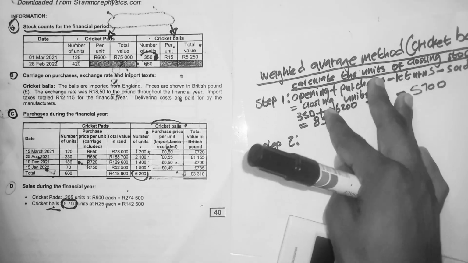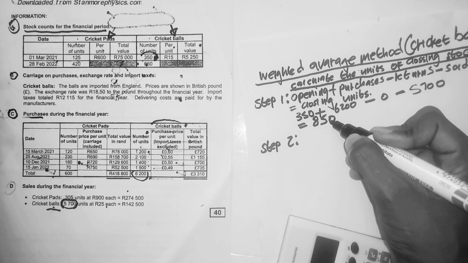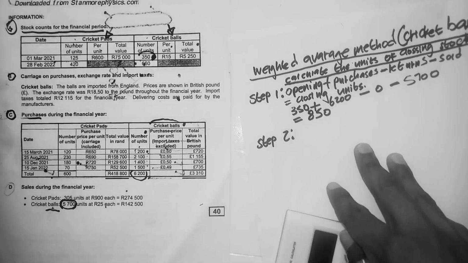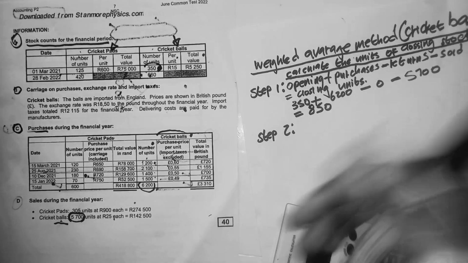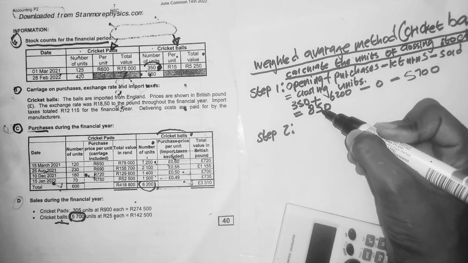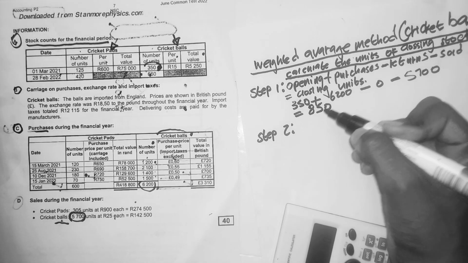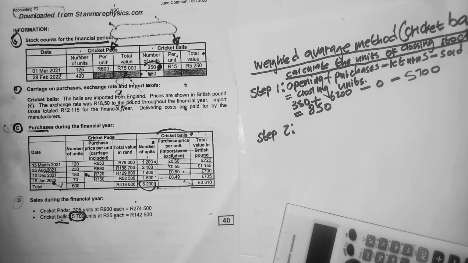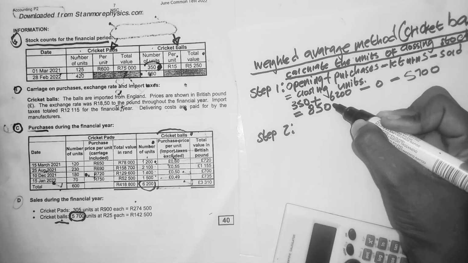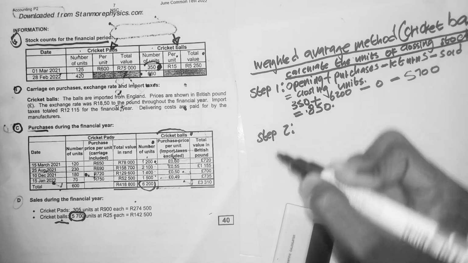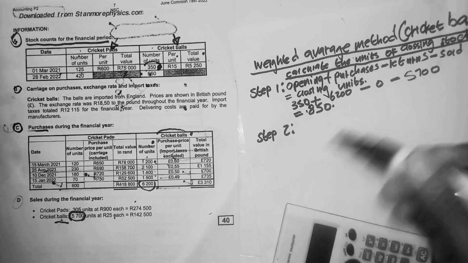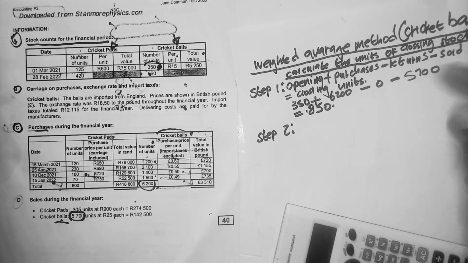That's the one right here, 850. But a key note here, guys: they usually do give us this step 1 in most of the questions. I'm showing you in case you come across a question that does not give you this step 1. This is how you do it. But most of the time they give it to us.